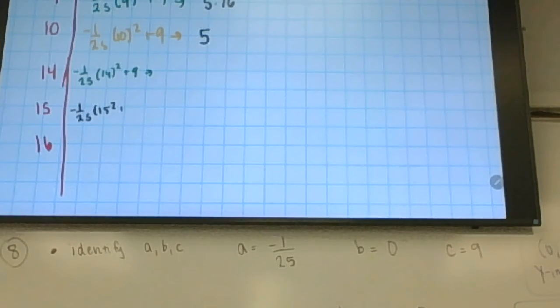Where's my calculator? Thomas, come on. Why do you have your phone out, Thomas? What was on there, Thomas?